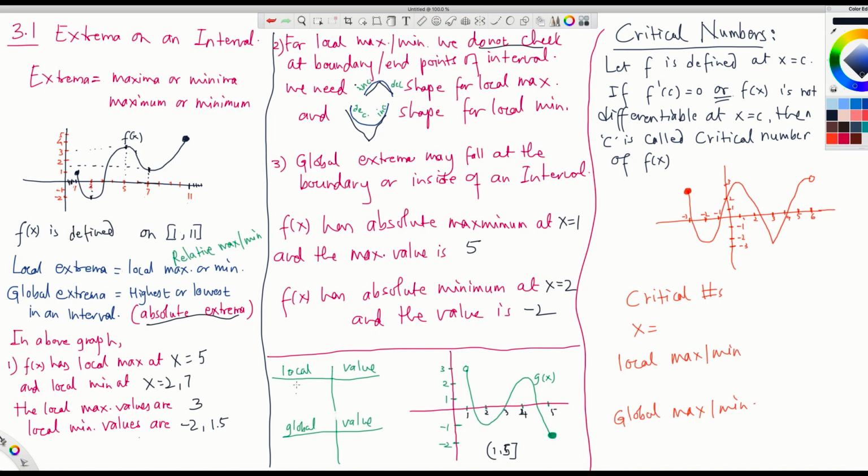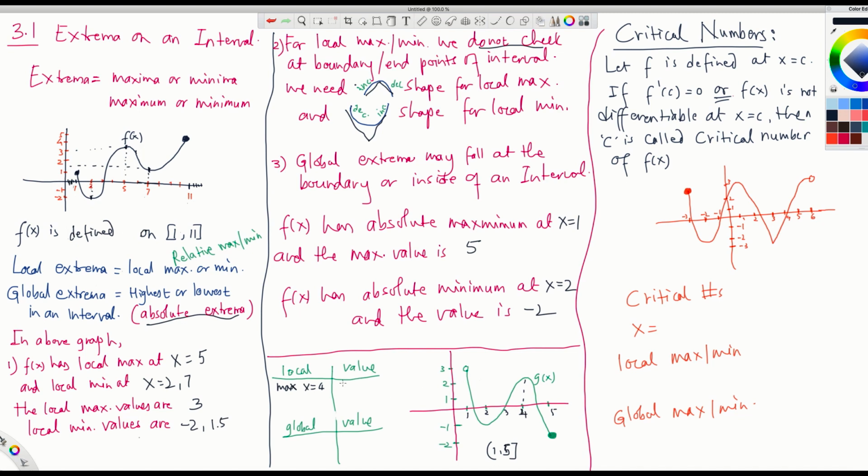Now, local max. Let's find out the local max. Where are the local max there? For the local max, you need a cap shape, right? And for the local min, you need the cup shape, okay? See, the function has a local max at x equals 4. You see that? Local max at x equals 4. What is the value? Value means the height, right?